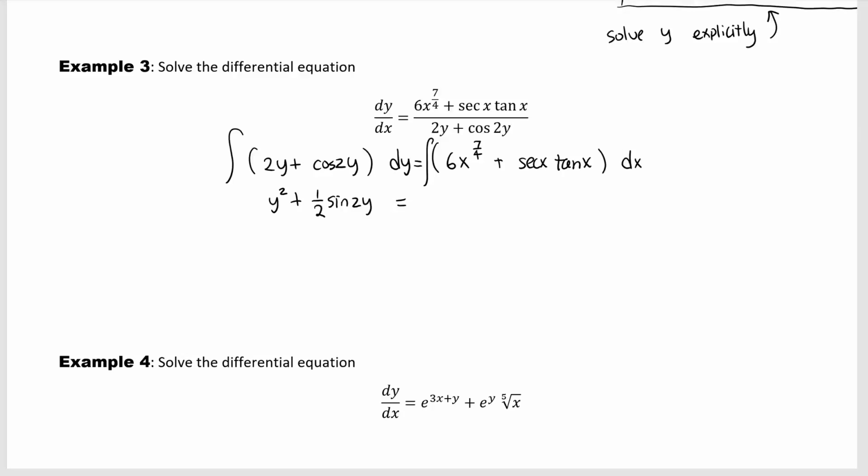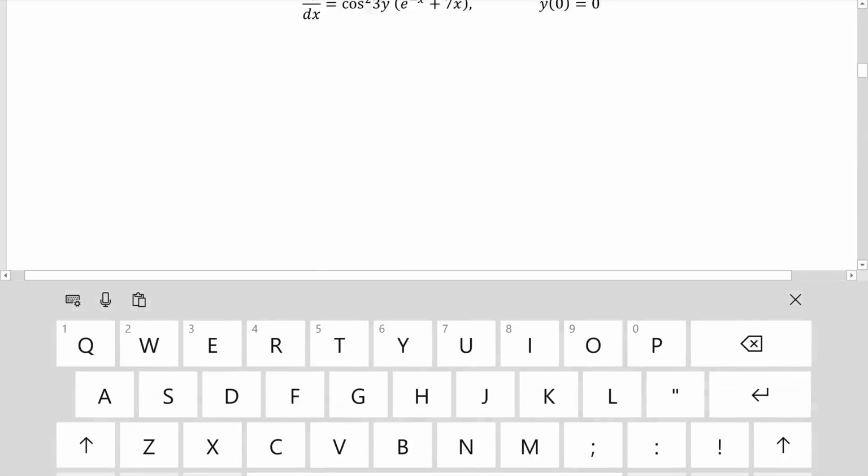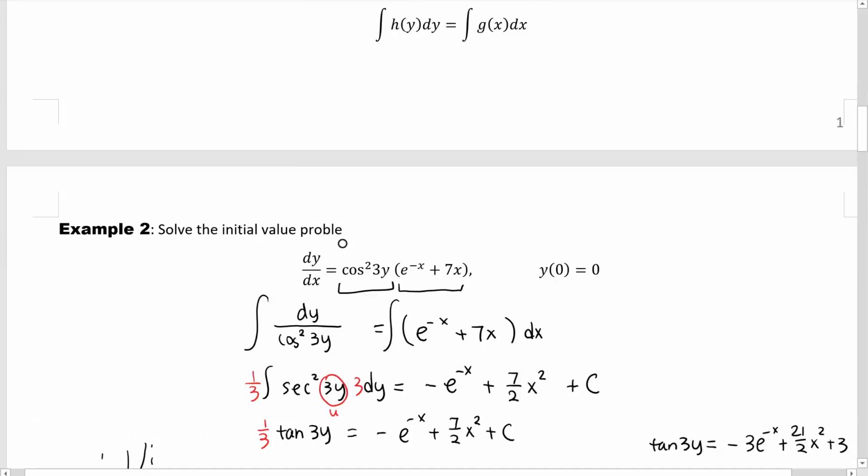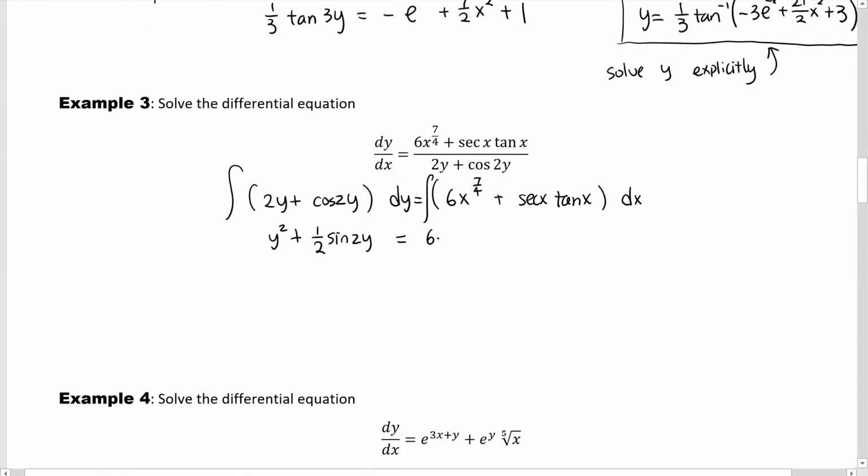Then the 6 stays here. And how do we integrate x to the 7/4? We have x to the 7/4 plus 1, and 7/4 plus 1 is 11/4. Then we divide by 11 over 4.